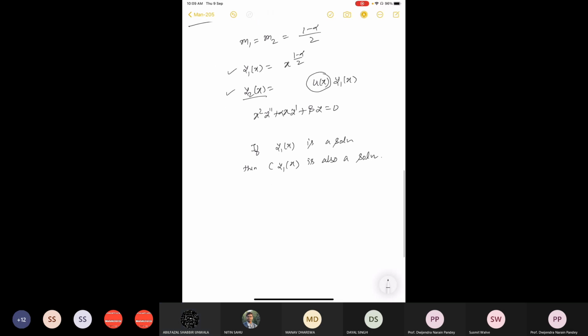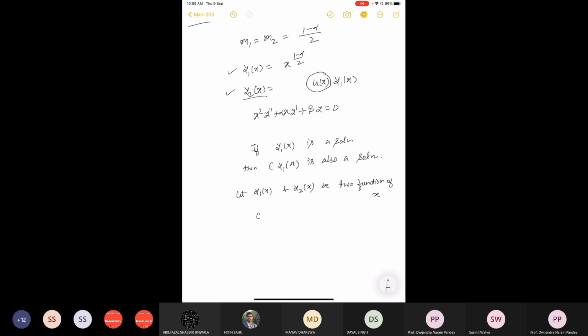Let me tell you that we have seen that if we have two functions, let us say y1(x) and y2(x), two functions of x, in what case can they be linearly dependent?